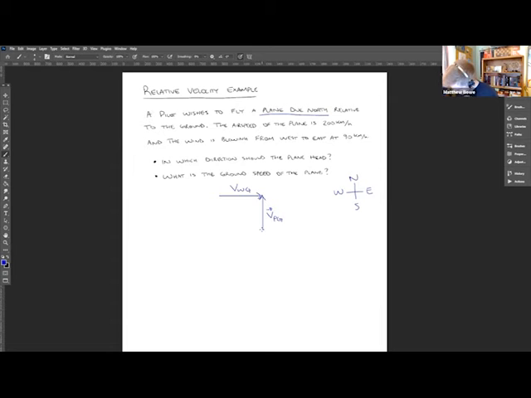So that means that the plane starts right here and has to aim this way. Let me connect it like that. The plane has to aim that way because of the wind moving past.